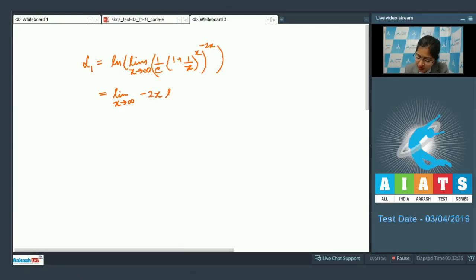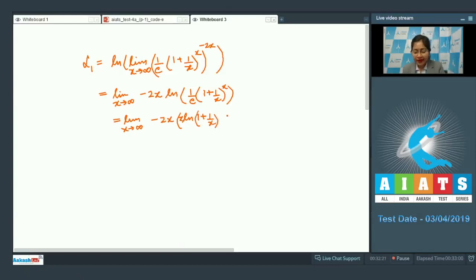That is minus 2x into ln of 1 by e into 1 plus 1 by x raised to the power x. So this is equal to limit x tending to infinity minus 2x into ln of a into b, which can be written as ln a plus ln b. That is, it can be written as ln of 1 plus 1 by x raised to the power x, which can be taken out, plus ln of 1 by e, that is minus 1.